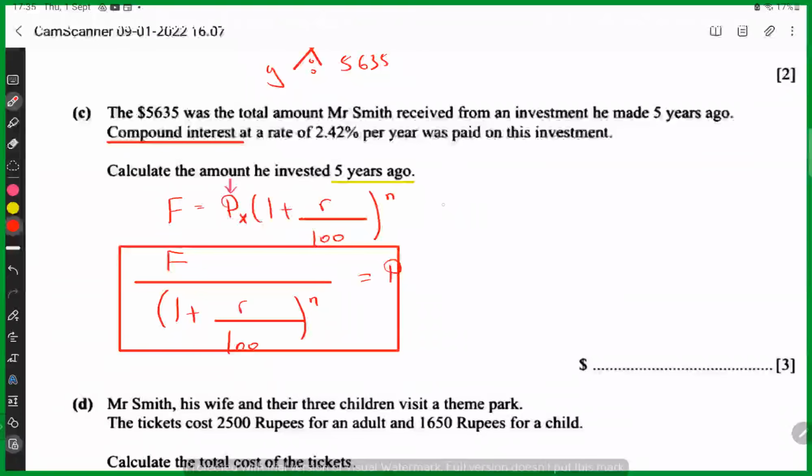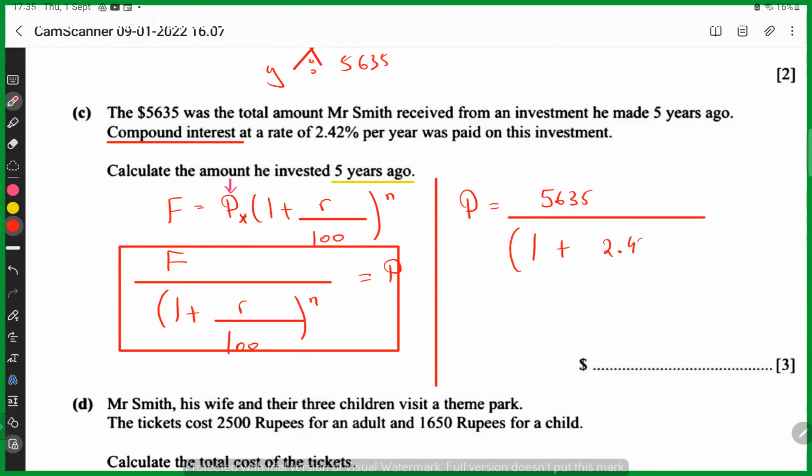Okay, let's plug in the values. So P is equal to F, that is the final amount, that was 5635, divided by (1 plus 2.42 divided by 100) to the power 5, because n was 5.